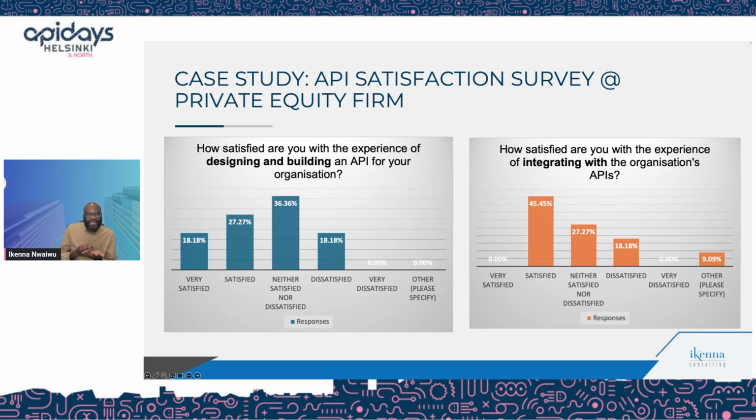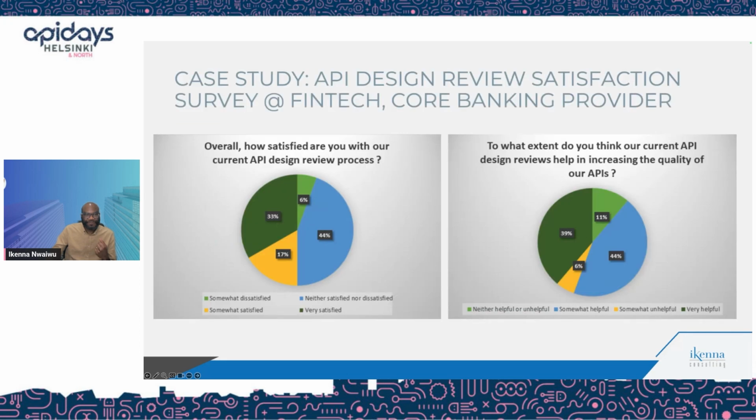We would drill in and ask questions, and that really uncovered issues with the APIs or with the API delivery operating model, with their processes, with the people, with the technology that needed to be addressed. So this kind of survey is really good to uncover some of those qualitative issues with how satisfied people are with the API.